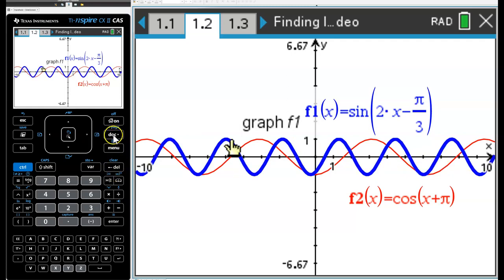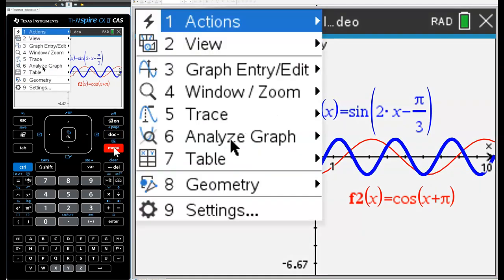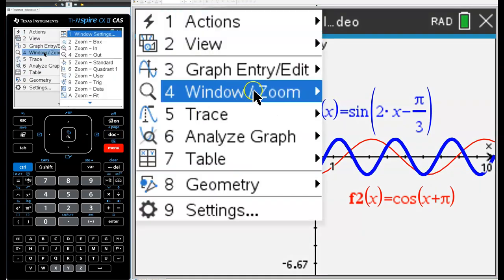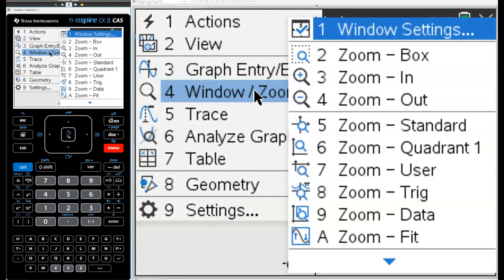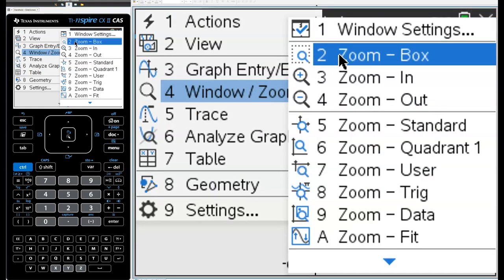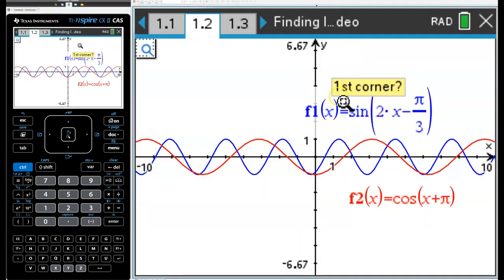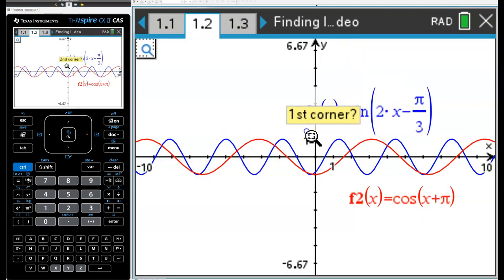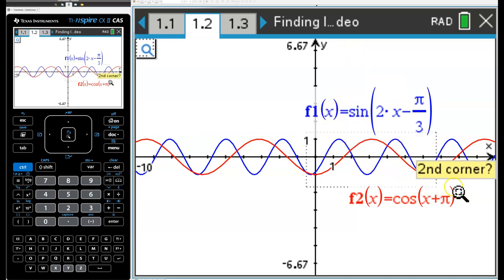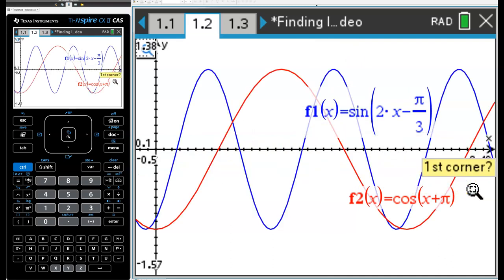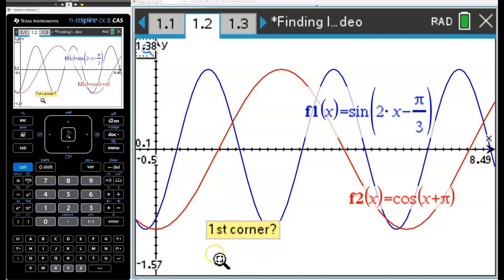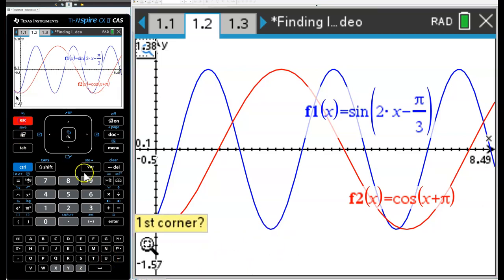I'm going to change my window so I can get a better look at this. I can use the zoom box and pick and choose what I want my visual to be, and so we can see here some of the solutions or the intersections.